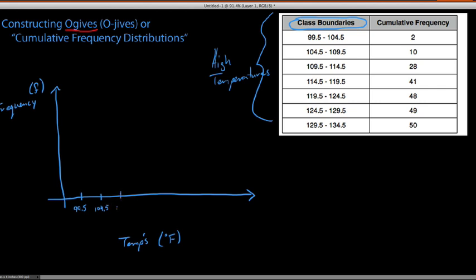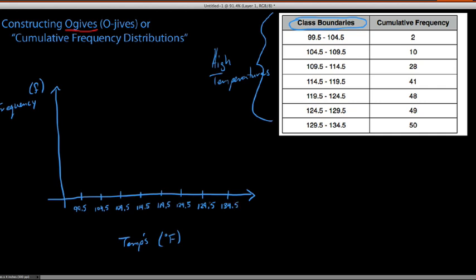Our next class boundary is 109.5, and we have 114.5. I'm going to put all of these on here and try to talk at the same time. What a task. 124.5. You'll notice that the width of each class in this case is 5, and we could calculate this by subtracting the boundaries of each class.